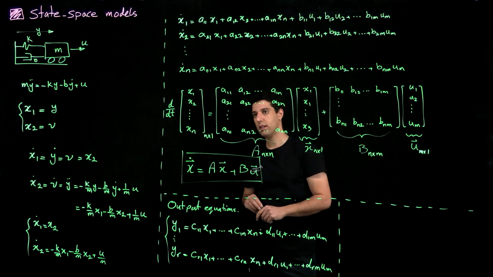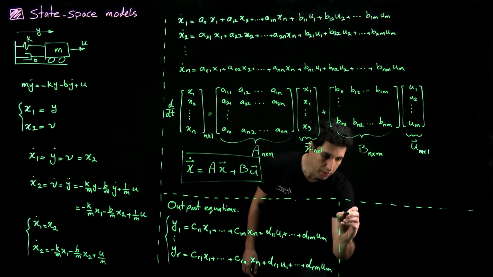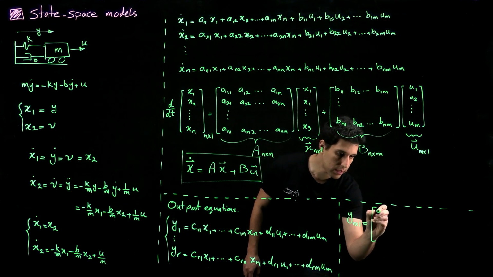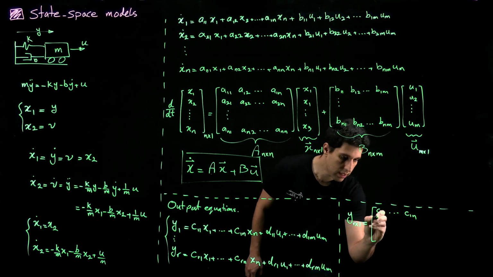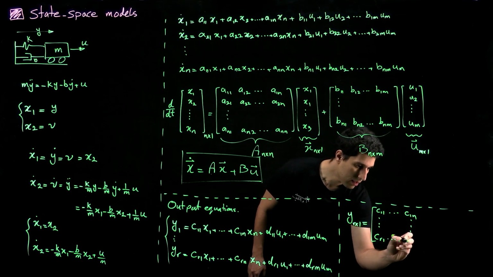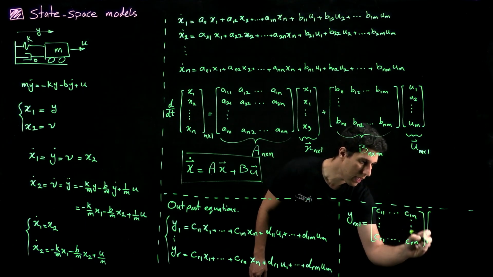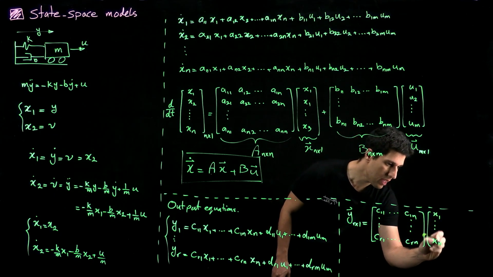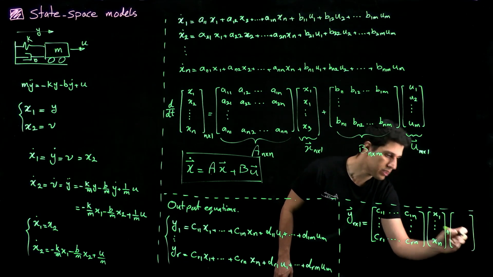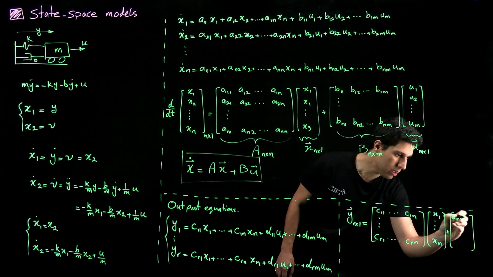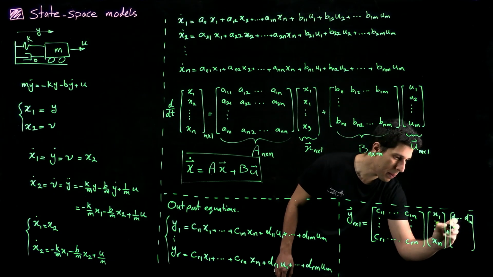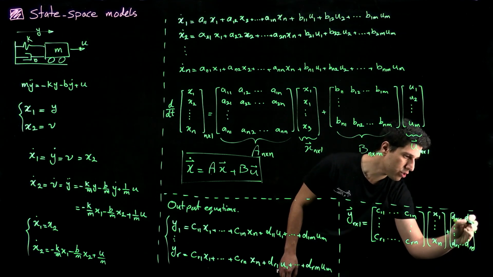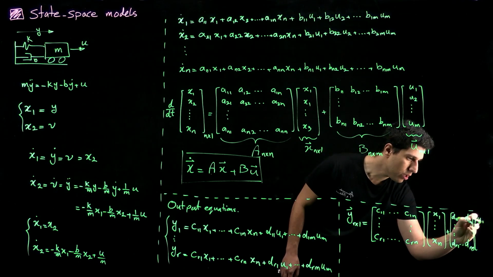Similar to the case with the state equations, I can write my output equations, my y, which is r by 1, equals some matrix C11 to C1n, down to CR1 to CRn, times my x, x1 to xn, plus my D matrix, D11 to D1m, down to Dr1 to Drm, times u1 to um.